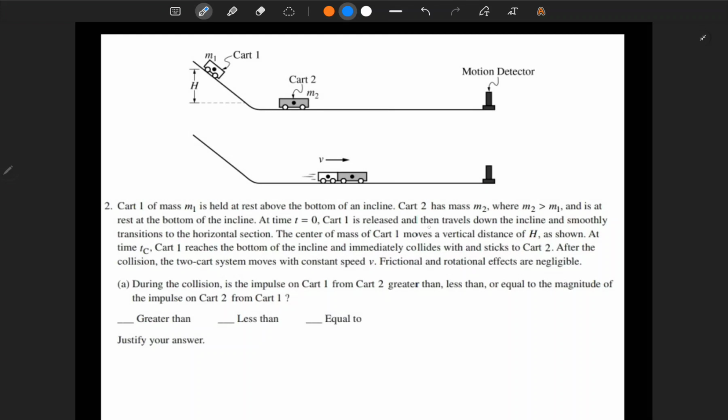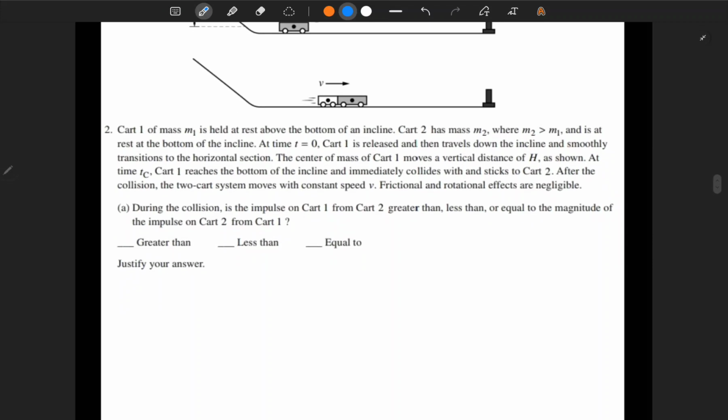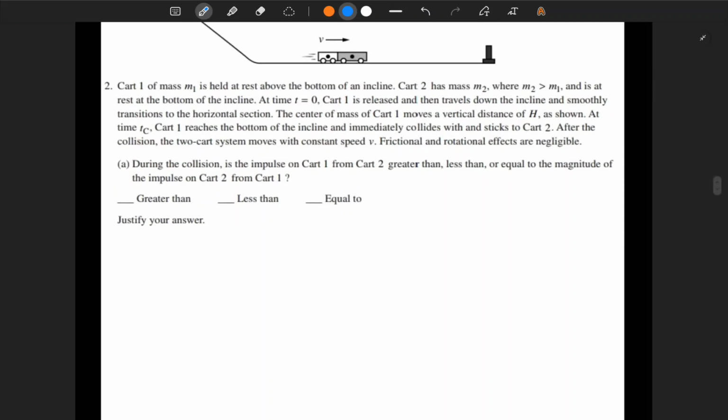The center of mass of cart 1 moves a vertical distance of h, as shown. At time t_c, cart 1 reaches the bottom of the incline and immediately collides with and sticks to cart 2. After the collision, the two-cart system moves with constant speed v. Frictional and rotational effects are negligible.